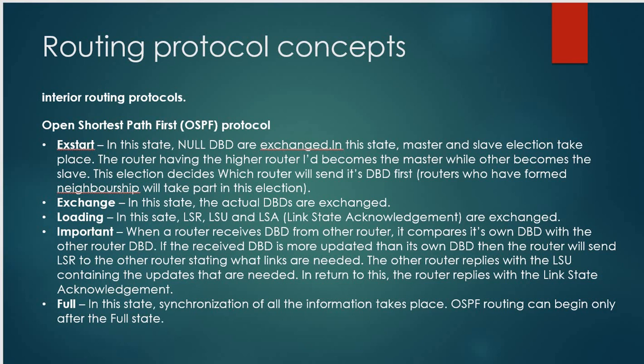ExStart. In this state, null DBD packets are exchanged. In this stage, master and slave elections take place. Which routers will be the masters, and which will be the slaves? The router having the highest neighbor router ID becomes the master, while the other becomes the slave.